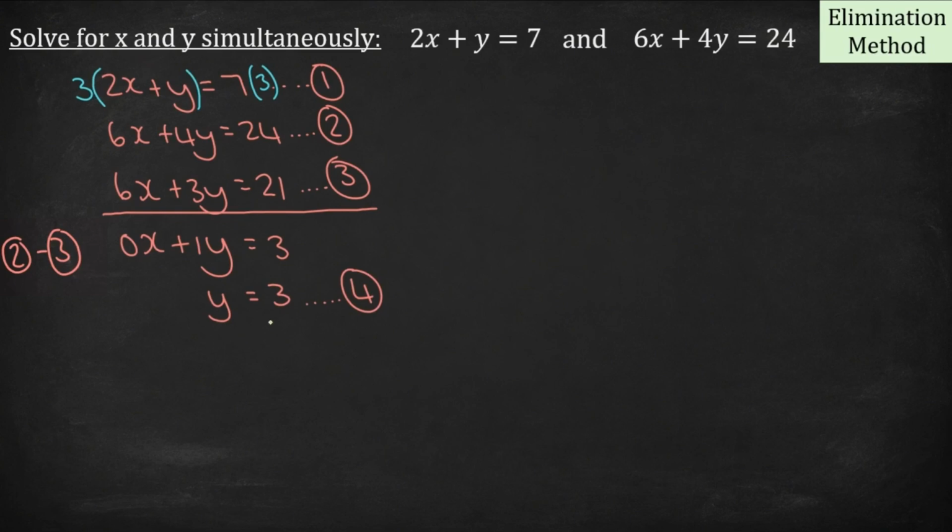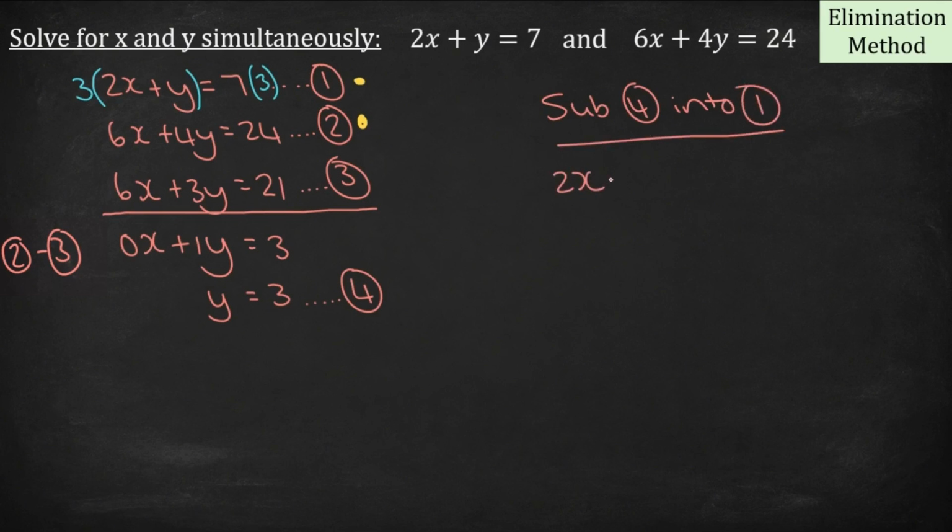Now that I have a value for y, which is 3, I'm going to substitute this equation into any one of my original equations. So either equation 1 or equation 2. So again, I'm going to choose equation 1. So I'm going to say substitute 4 into 1. So let's rewrite 1 first. It is 2x plus y equals 7.